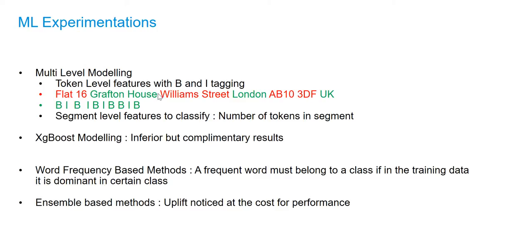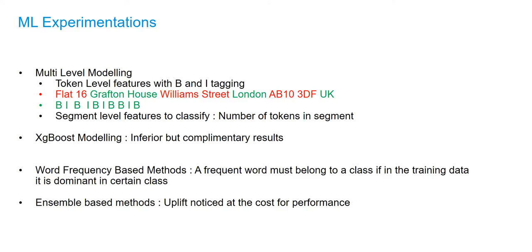Even if our classifier got certain tokens wrong, the boundaries were identified really well. Let's say our model identified Grafton House as a postcode, but at least it identified that the Grafton and House tokens have to come together in a class. So this intuition was to be exploited.